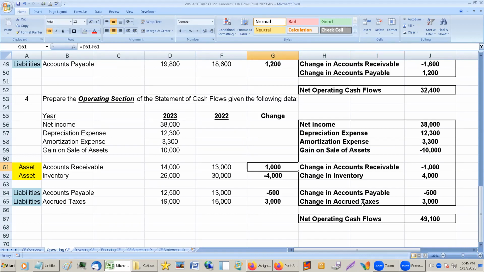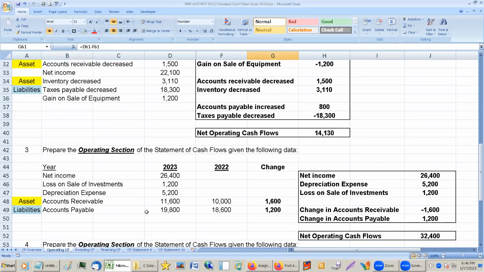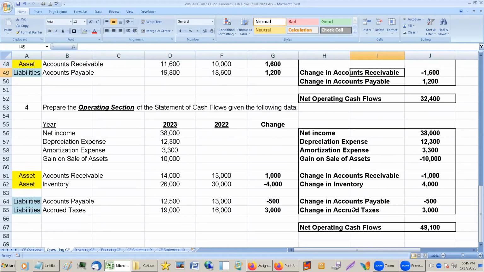So that's the operating section, and that's the hardest section, the most difficult section, I think anyways, especially because you've got to keep track of all the changes in the accounts. Question on that?